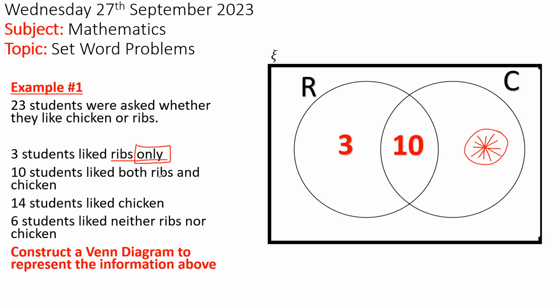Kaden George. I put 14 students because it said 14 students like chicken, and the C means chicken, so that's why I put 14 in the Venn diagram. Okay, interesting. Dion, why do you put 4?